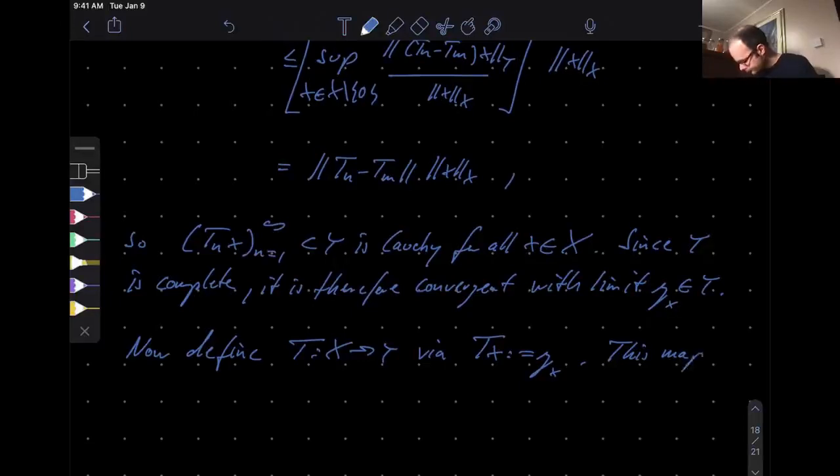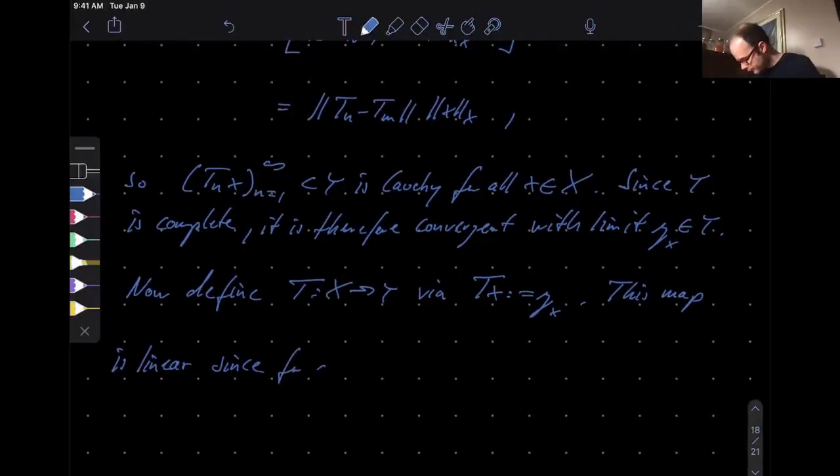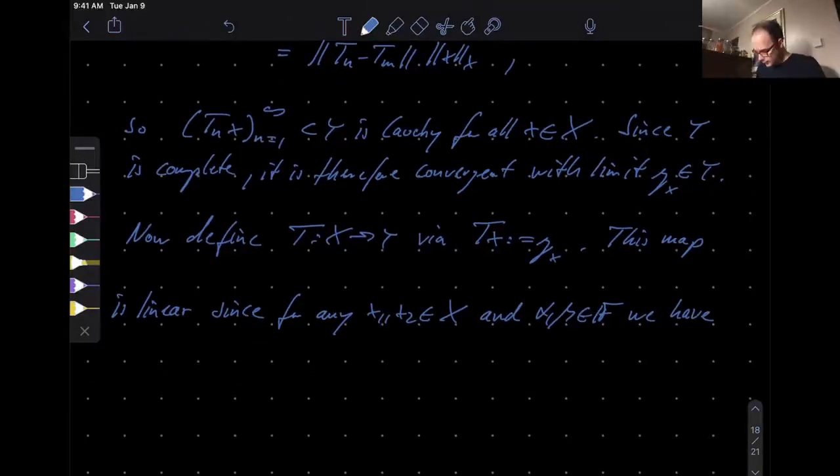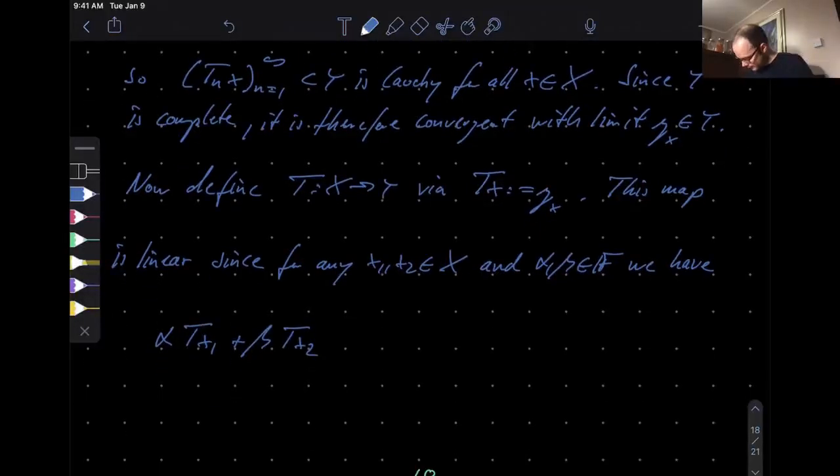This map is linear, since for any two vectors x1, x2 in the space and scalars alpha, beta, we have, okay, so we are going to look at alpha T x1 plus beta T x2, and hopefully by the end of the day I will obtain that this is T of alpha x1 plus beta x2, right?